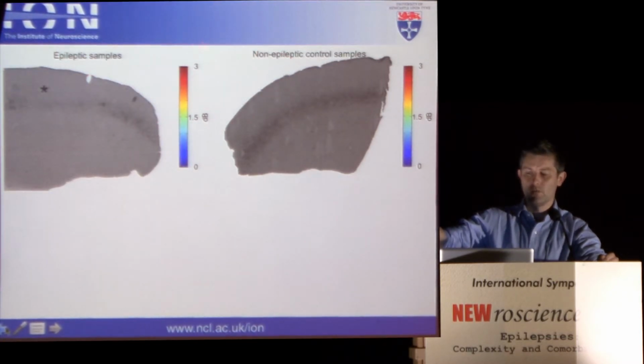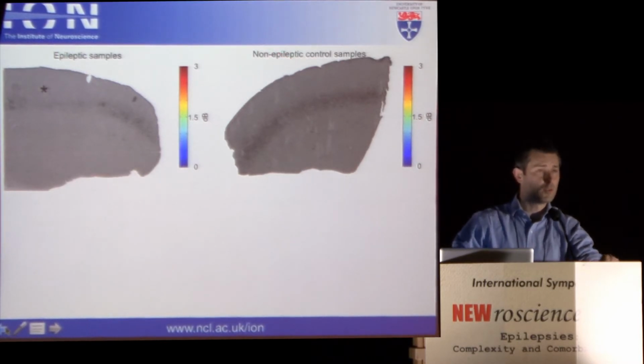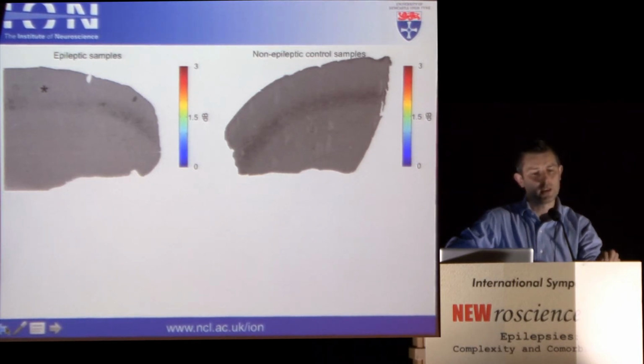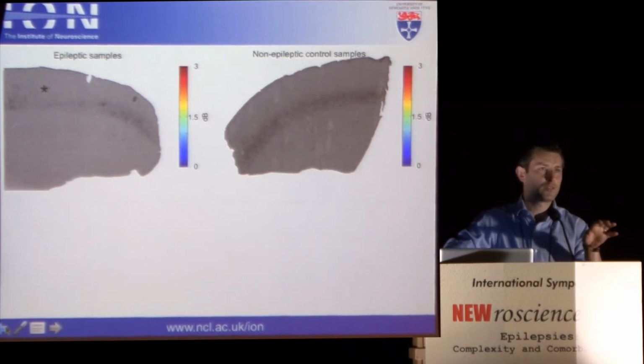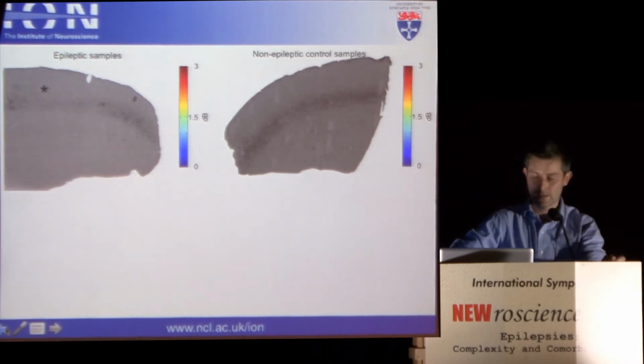And we also have what we term non-epileptic control temporal neocortex, which is obtained from patients who are having a deep tumour removed, so there's no epilepsy associated with their tumour, and the surgeons, in order to gain access to the tumour, have to remove the overlying cortex.